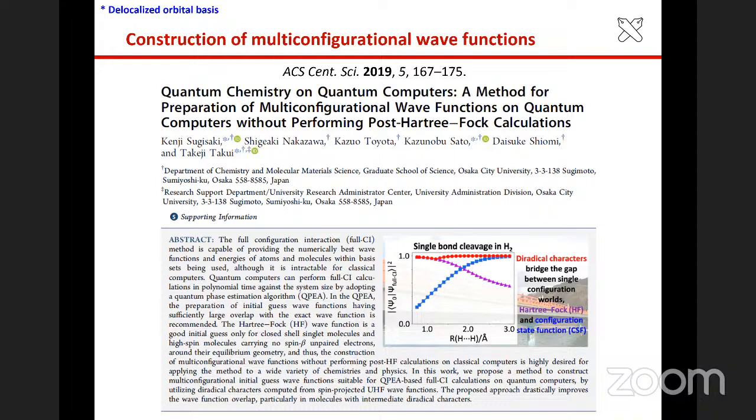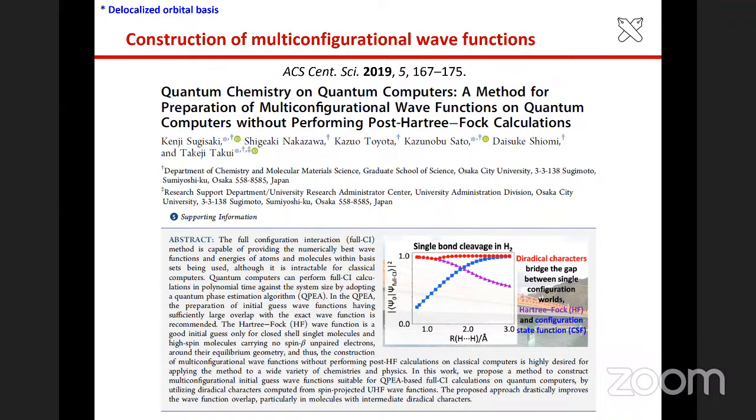You can see in this purple plot the squared overlap with the full-CI wave function for the Hartree-Fock state. The Hartree-Fock state has a large overlap in the vicinity of the equilibrium region, but the overlap becomes smaller if the bond dissociates.